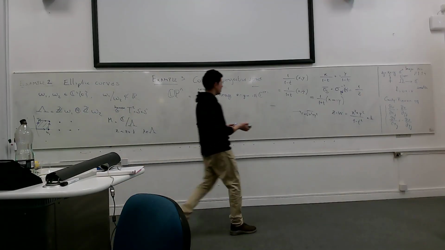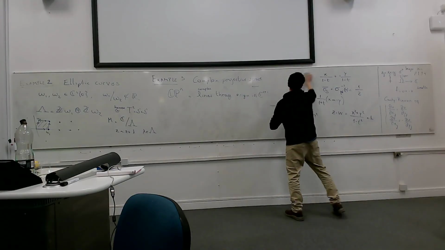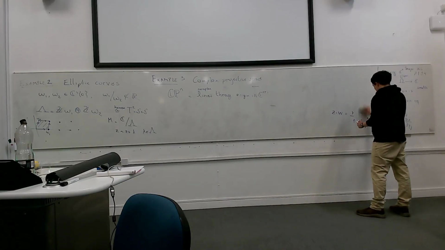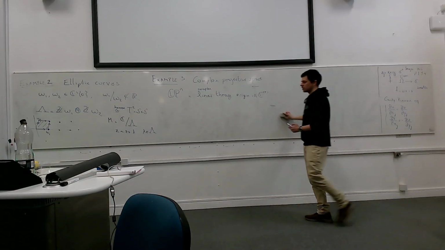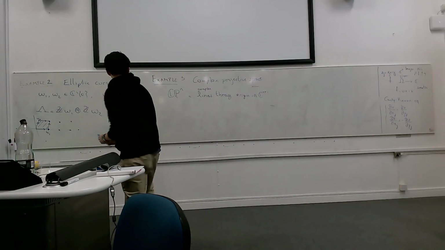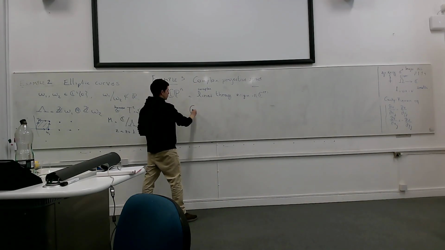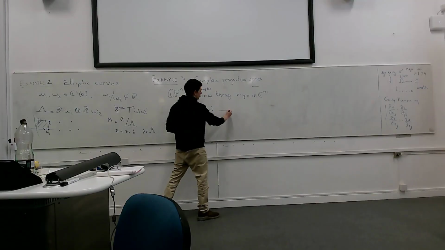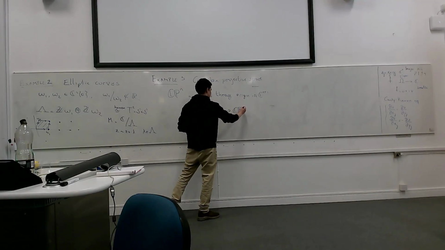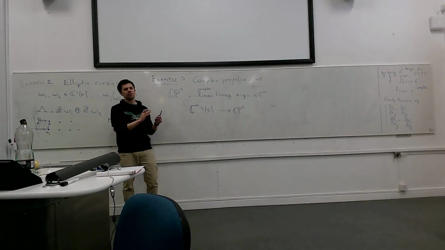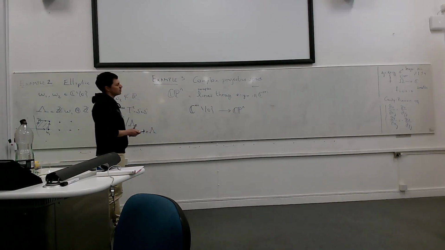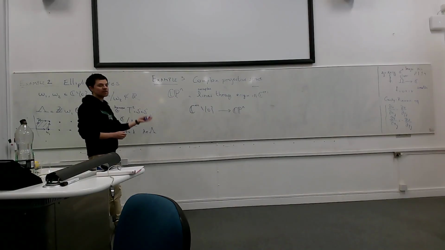That's just as a set, but this set has a natural topology. We start with C^(n+1) minus the origin. It has a natural projection map, because if you have a non-zero vector, it spans a one-dimensional subspace. So you send that vector to that subspace, and then you have the quotient topology.